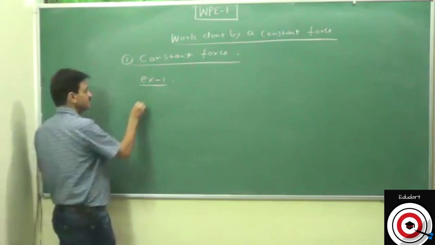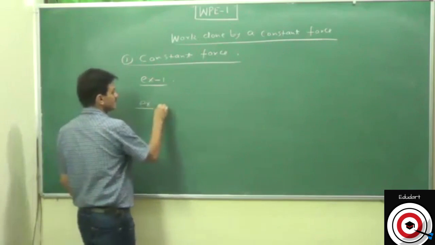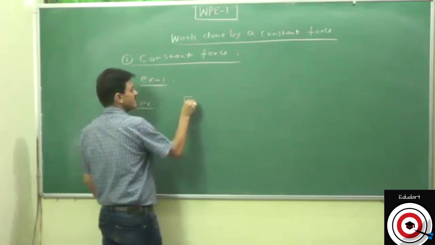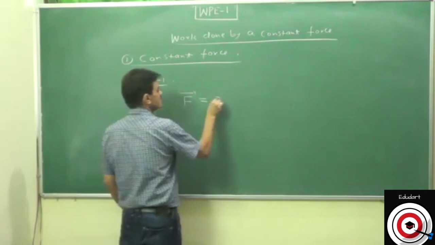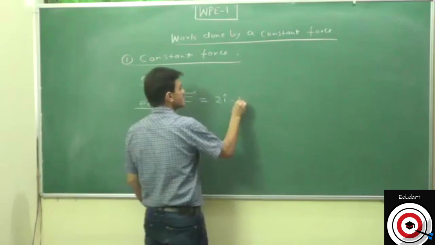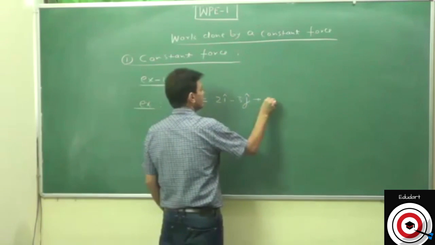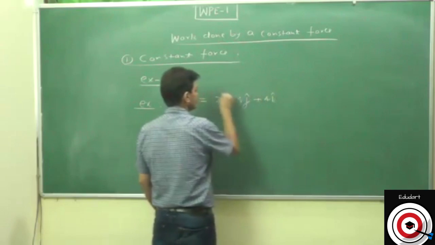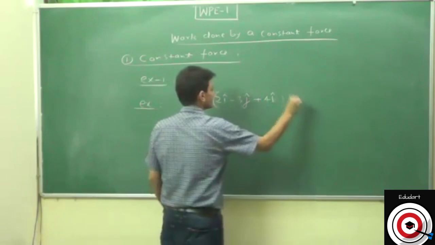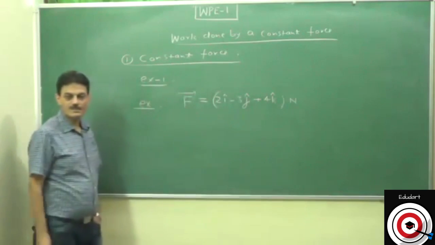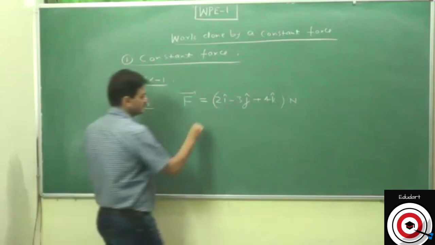Second example, suppose I write F equal to 2 i cap minus 3 j cap plus 4 k cap Newton. This is also a constant force.